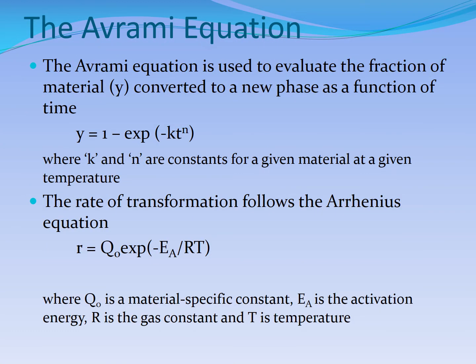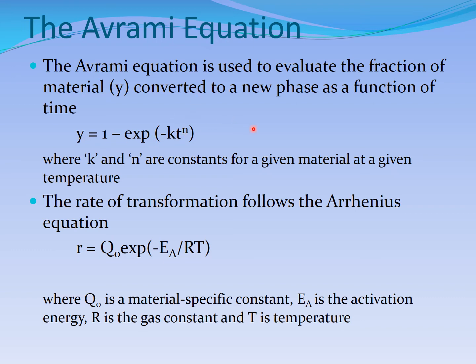The Avrami equation, right? We have done an example of this in earlier courses. Now you know, right, this type of equation where there is a constant and an exponent, both.